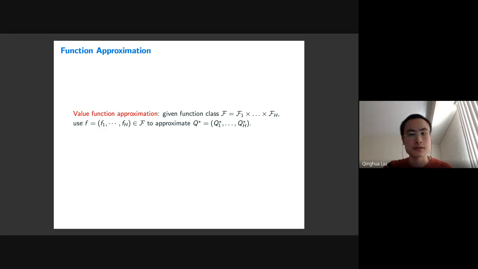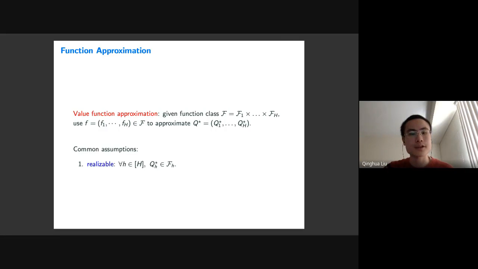We will use this small f without any subscript to denote a vector of f1 to fH. So this is basically a collection of all the value functions for each step. And we want this function f to be close to Q star, which is the optimal value function of the MDP.